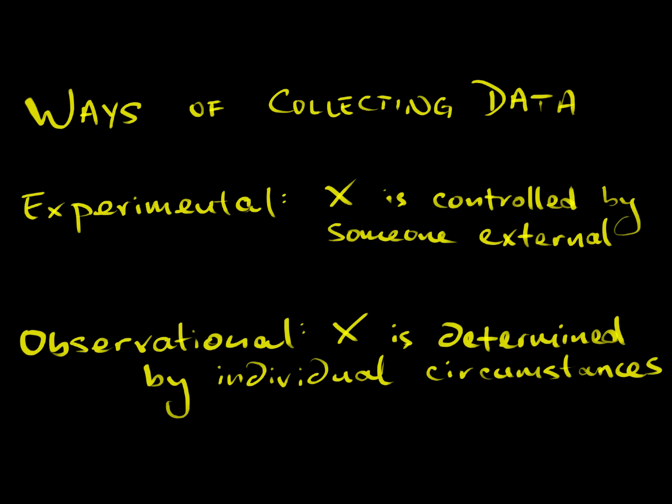Got it? As opposed to observational data, where the values of X are determined by individual circumstances. Now, think of a different way we could collect data on drug use and health outcomes. Drug use, like pharmaceuticals, sorry.